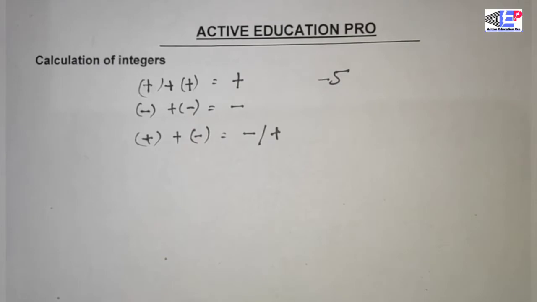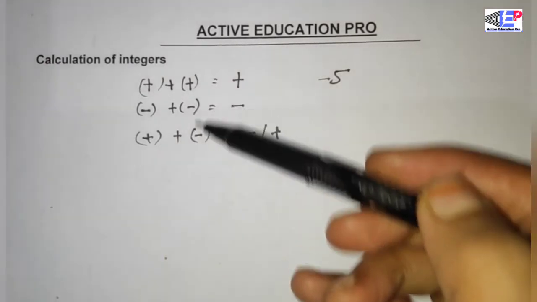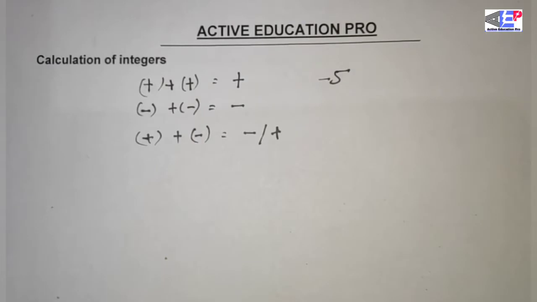At the time of subtraction of integers, it is a special type of addition where you have to change only the sign of the number which is to be subtracted from the other number. Otherwise it is as simple as addition of integers, and you have to follow the same sign rules. Subtraction is a special type of addition.